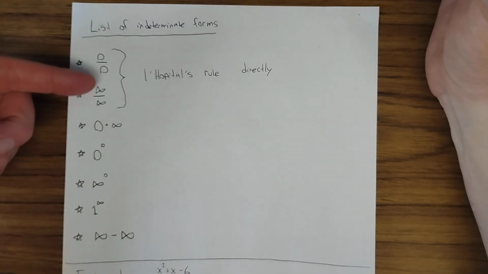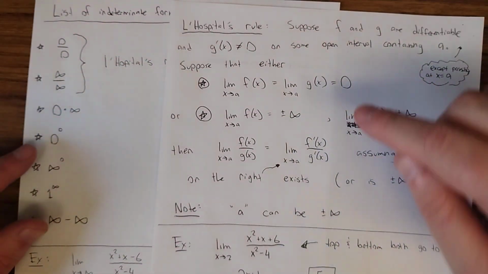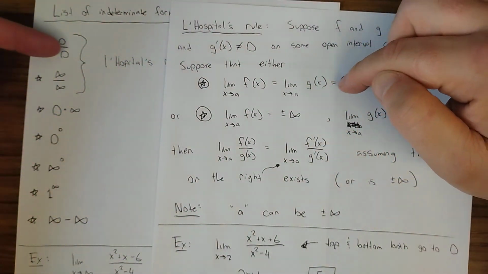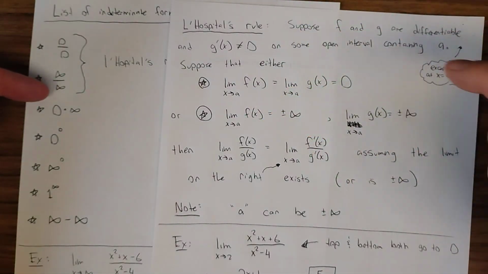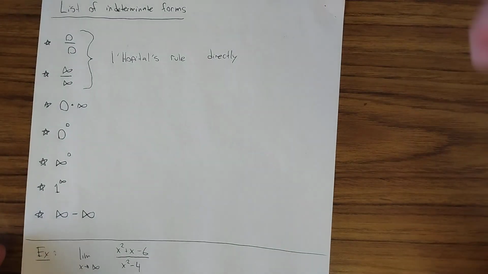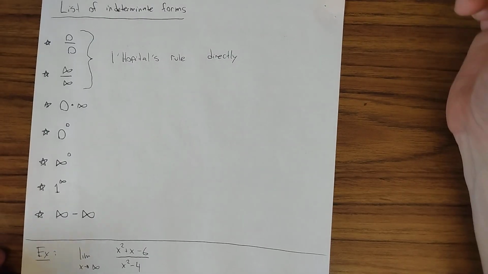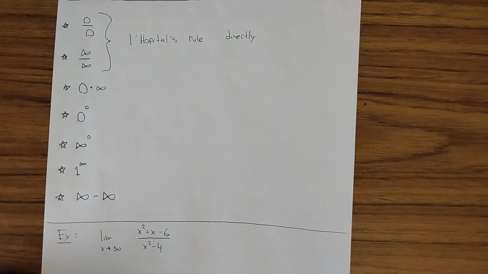So these two things are exactly what L'Hopital's rule is for. These are the two cases of L'Hopital's rule. This one's 0 over 0. This one's infinity over infinity. So if I get one of those two, I just plug it directly into L'Hopital's rule. Then there's more indeterminate forms, and I'm going to tell you what to do with pretty much all of these.